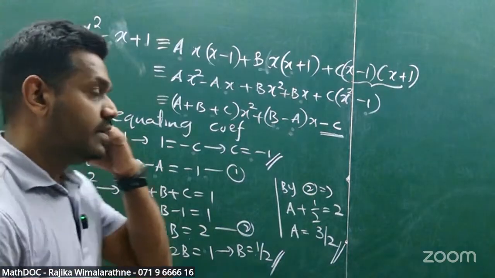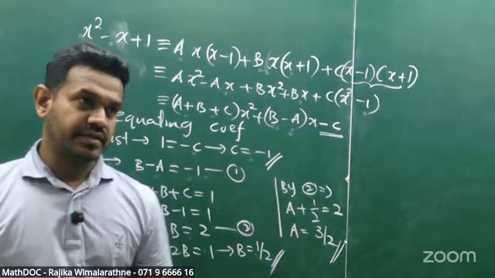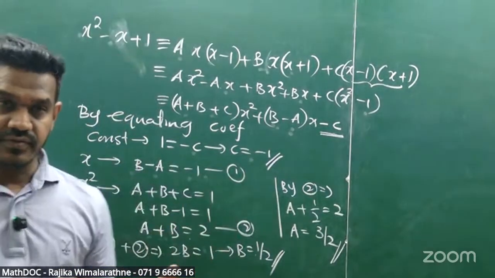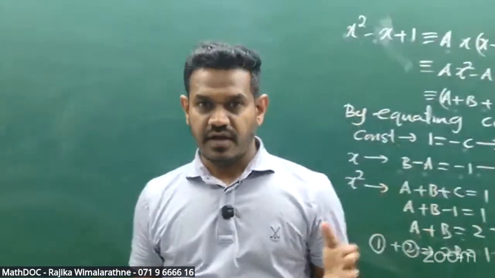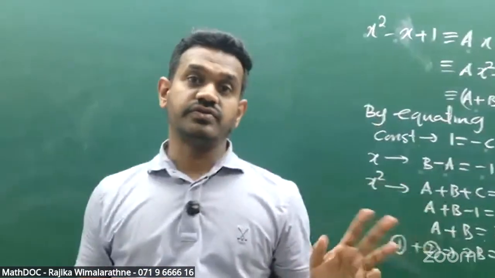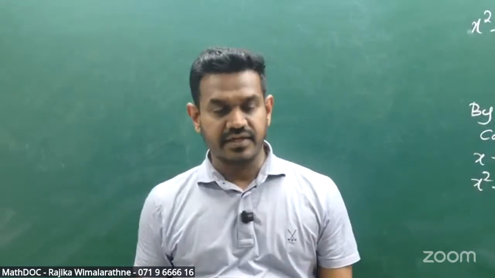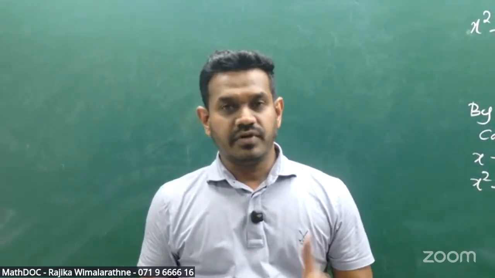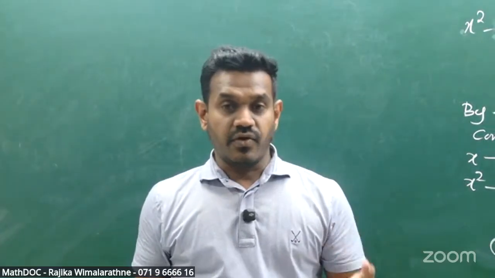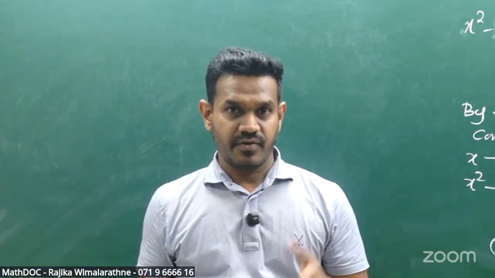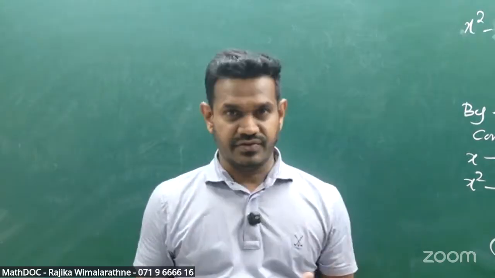Okay. Now let's move a little further. Now we know what an identity is, and further we know how to find the unknown constants of a given identity. Now I'm going to discuss another important thing, finding the quotient and remainder, like finding unknowns.